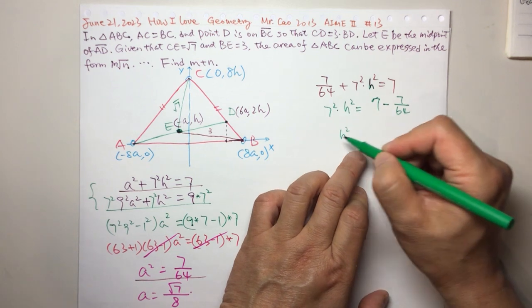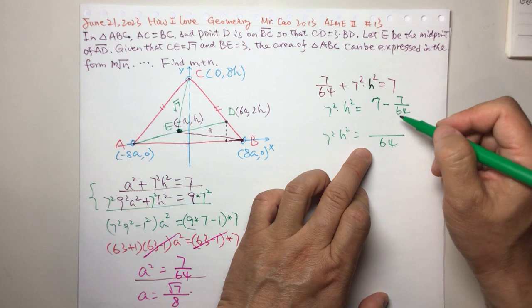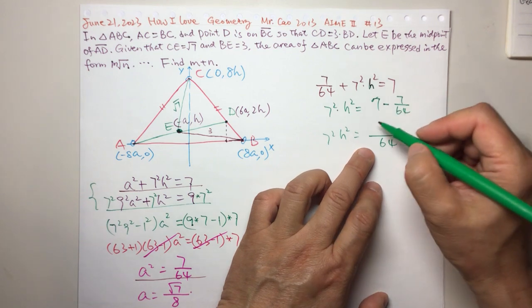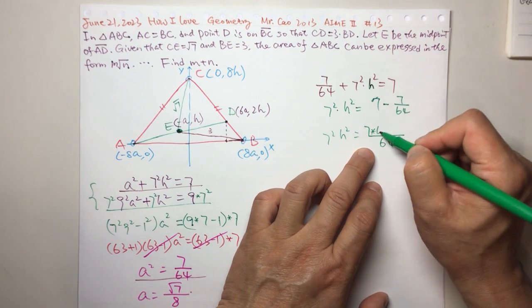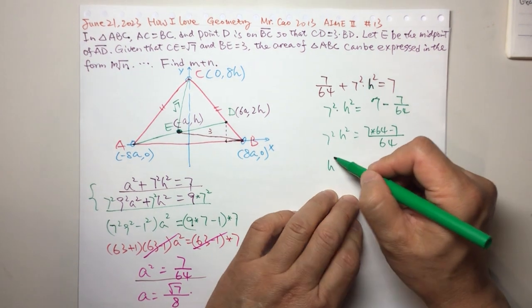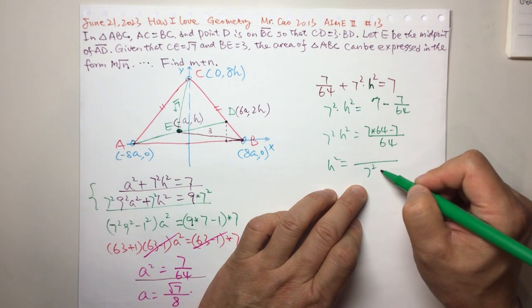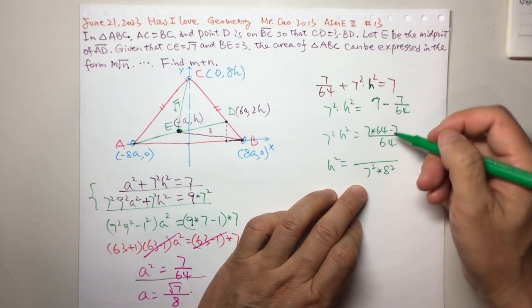So h squared, 7 squared equals 7 times 64 minus 7 over 64. So h squared equals 7 squared over... here is 8 squared, right?